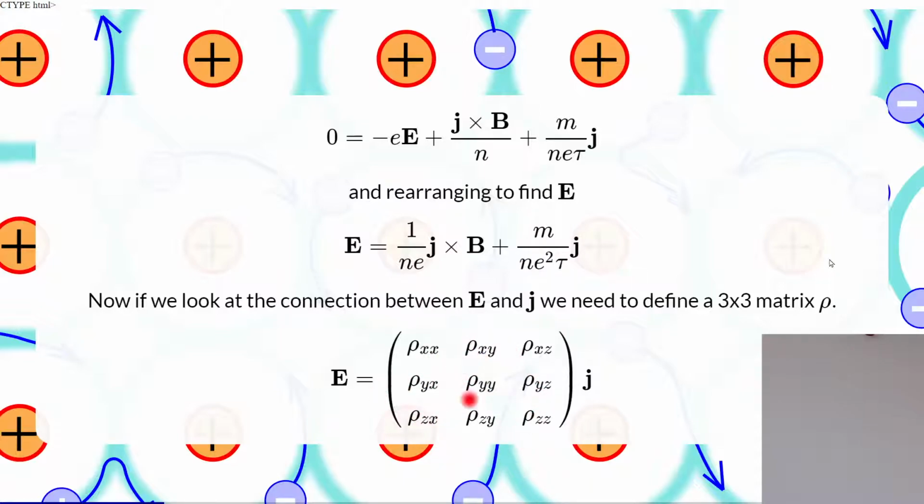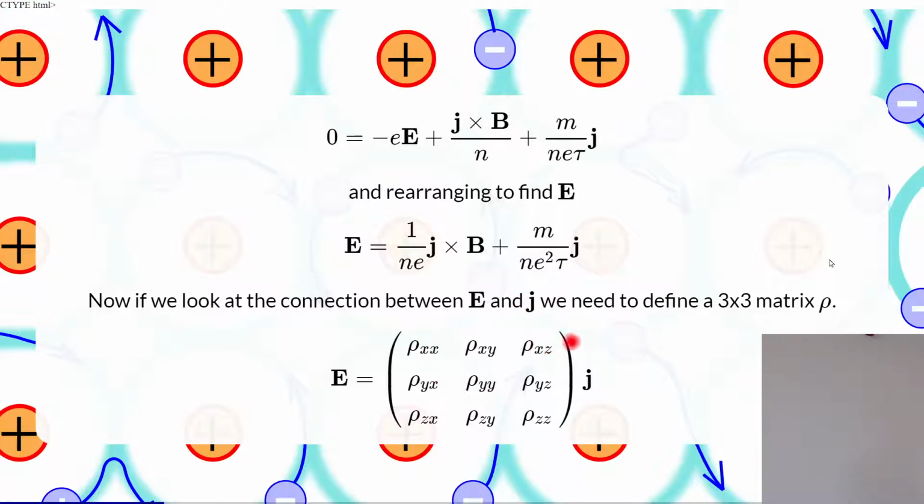What you can do, I'll just tell you this, is write this proportionality between the electric field and the current in terms of the current times some matrix. This 3x3 matrix is called a tensor, to be fancy.